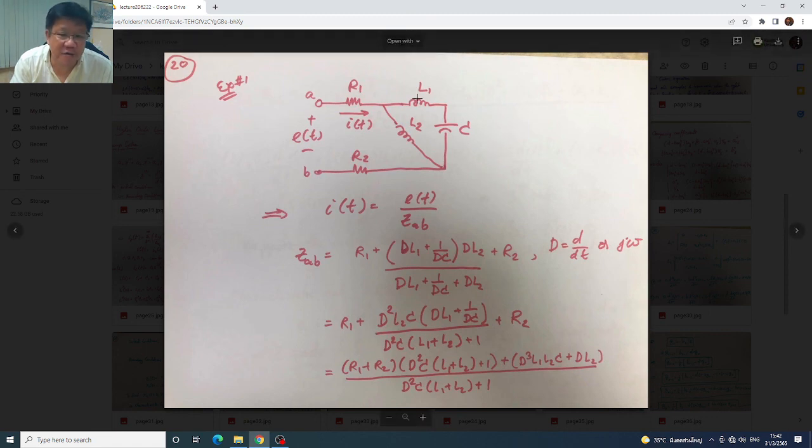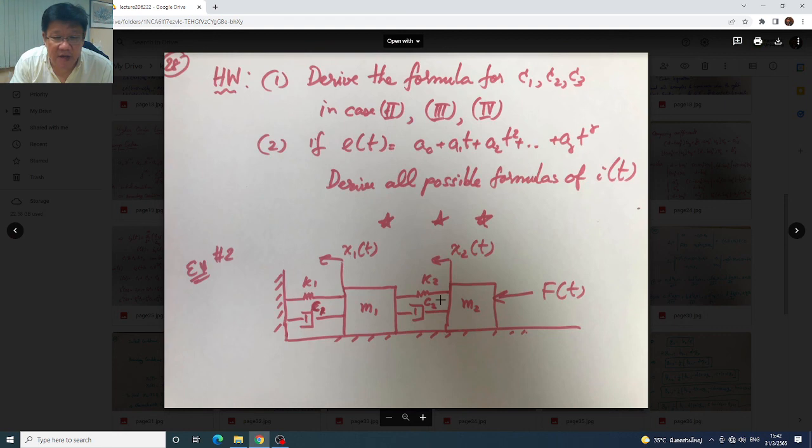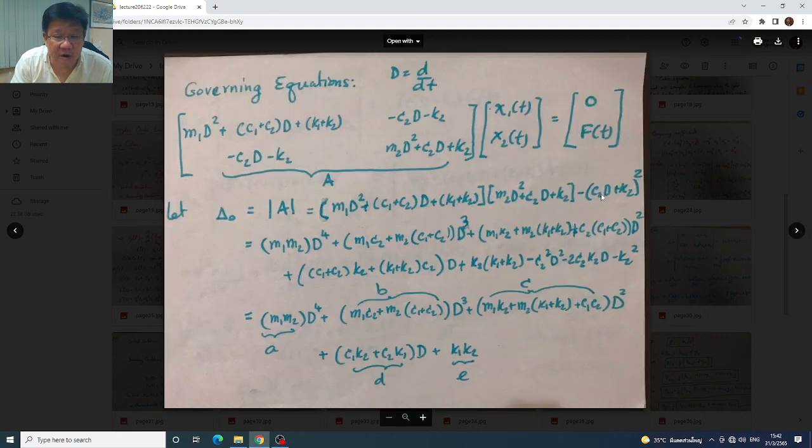So when each element is only a single order, there's some way you can reformulate the problem here, or even this system, into a system in matrix form.